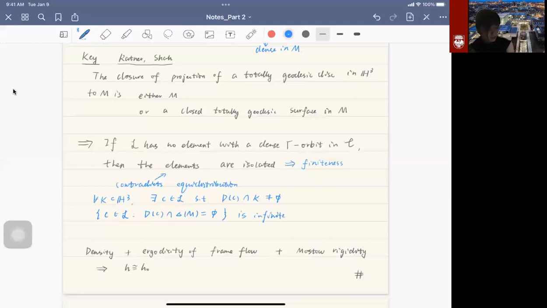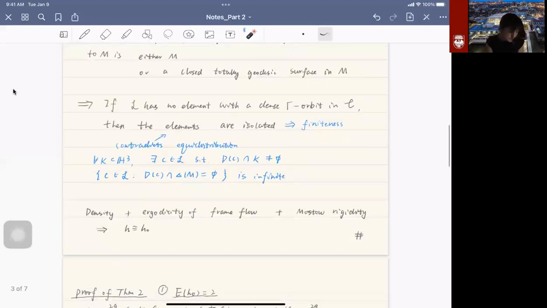That is because if this is only finite, we can take out all these intersections from the fundamental domain, and we can always take a subset in the remaining part. However, there's no intersection with the remaining part, so it contradicts this claim. Okay, and that's why the lemma is true.